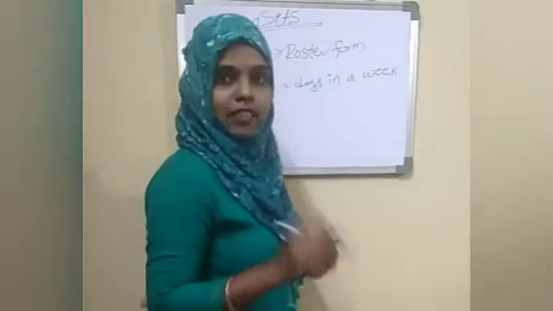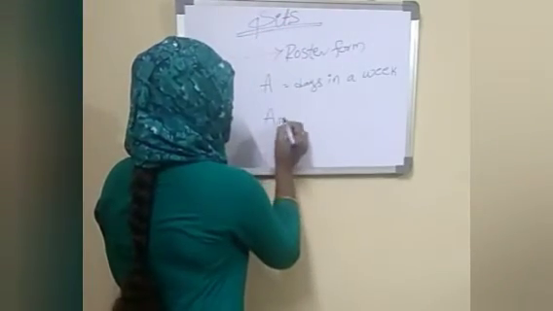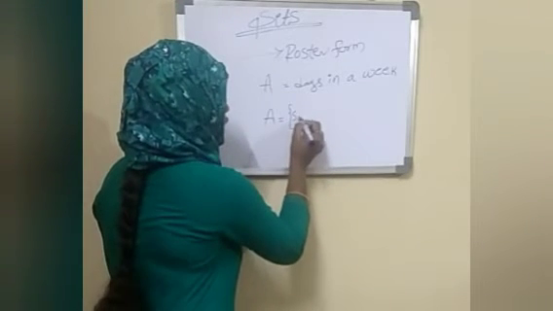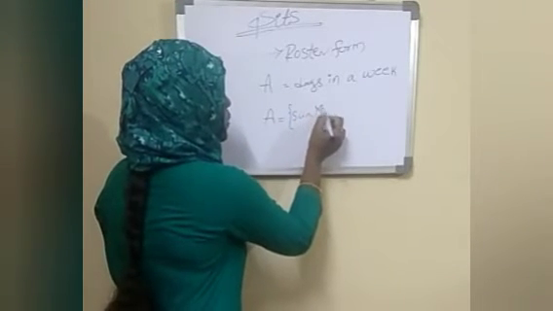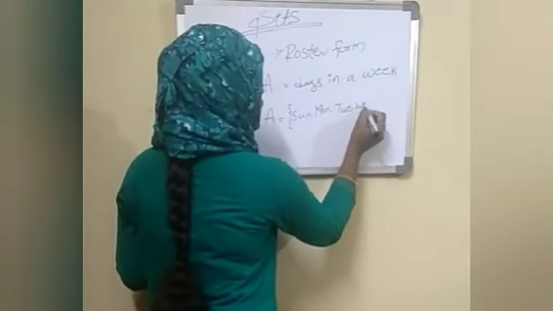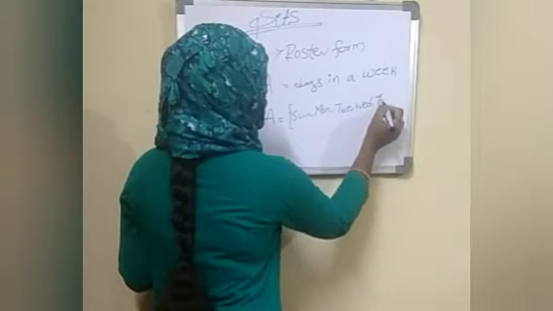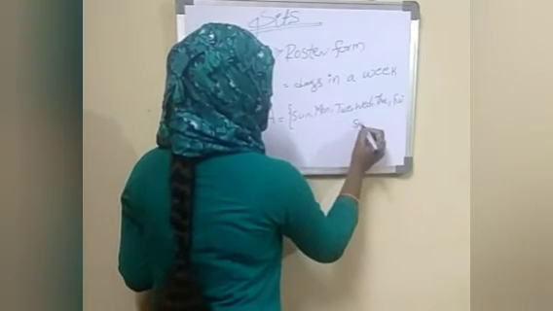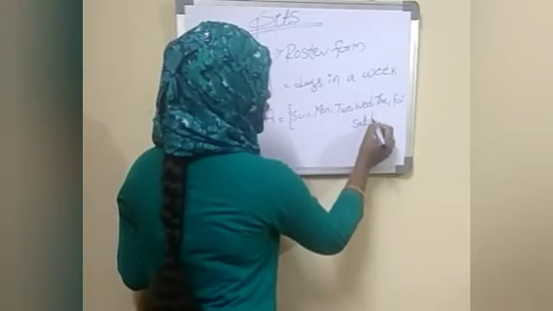There are 7 days in a week. So we are writing A is equal to, open brace, Sunday, Monday, Tuesday, Wednesday, Thursday, Friday and Saturday.